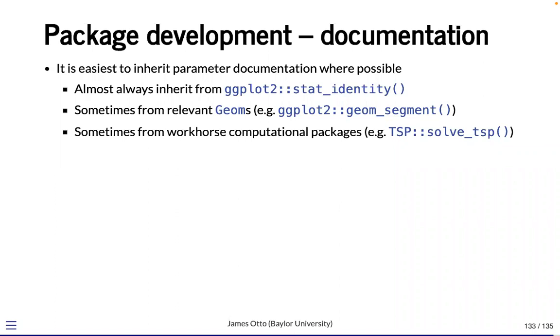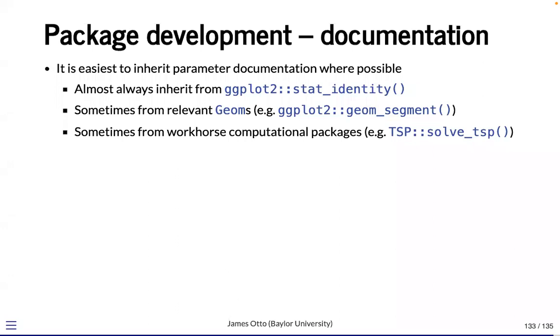Finally, if you are developing stats, it's likely that you're touching other packages' implementations of transformations. For example, with the stat salesperson, we used solve_TSP from the TSP package. And in fact, our stat function accepted an argument that was piped directly to TSP, if you remember the method argument. And so we don't want to, unless TSP documentation is really bad, which maybe it is, in which case write your own, there's no rule against it.